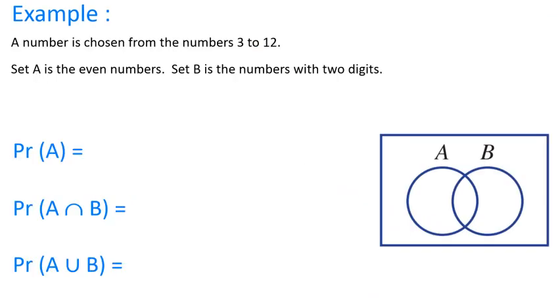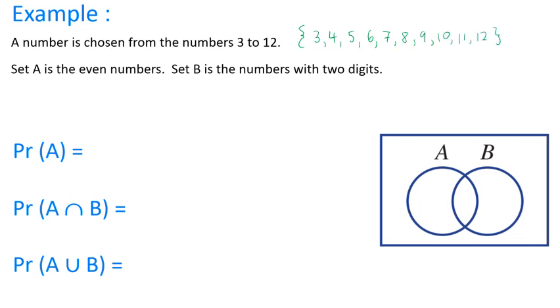Alright, last example. A number is chosen from the numbers 3 to 12. Set A is the even numbers and set B is the numbers with 2 digits. So we're going to try and put this in a Venn diagram. I always would list the sample space first. So we've got the numbers 3, 4, 5, 6, 7, 8, 9, 10, 11, 12.